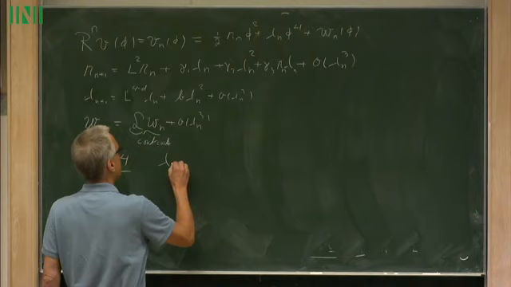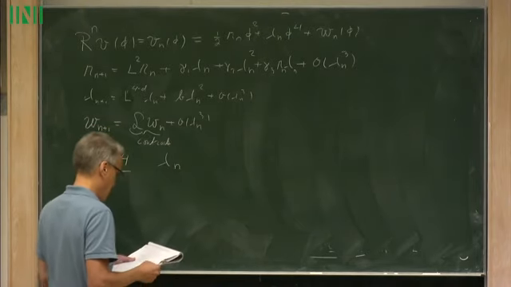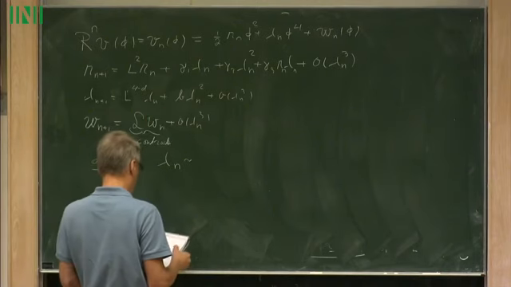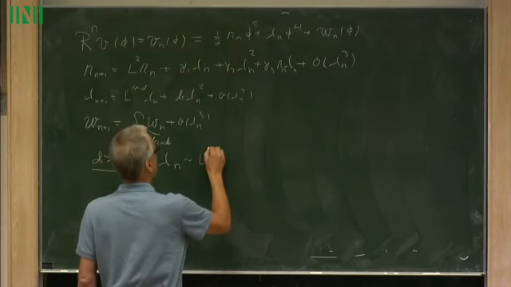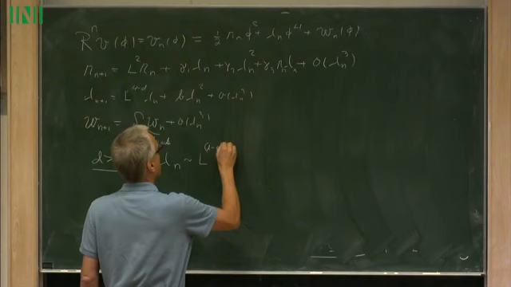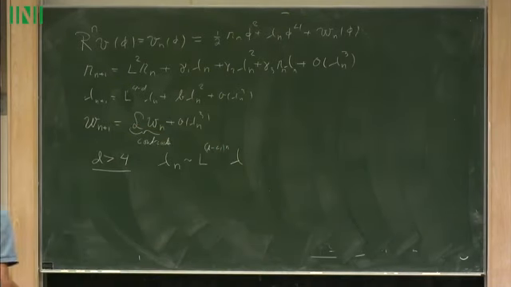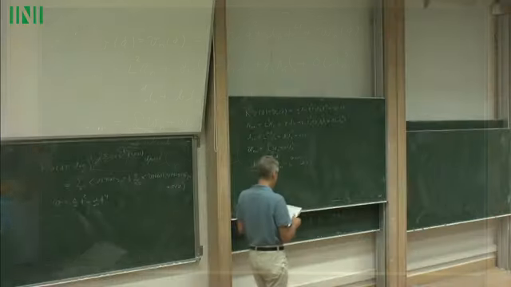So lambda n decreases. Sorry. Obviously, this iteration will go something like L to the minus 4 times n times the initial condition. So it's going to 0.